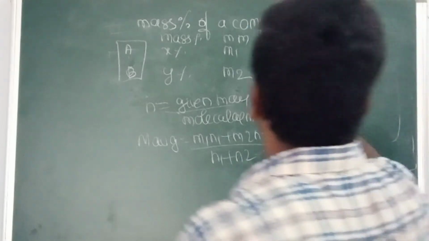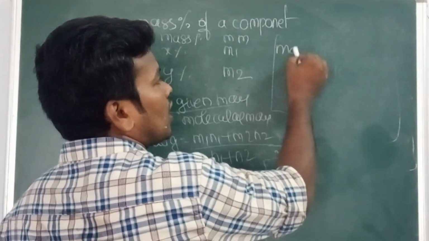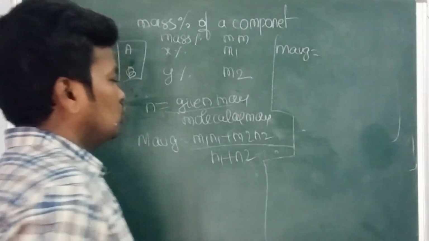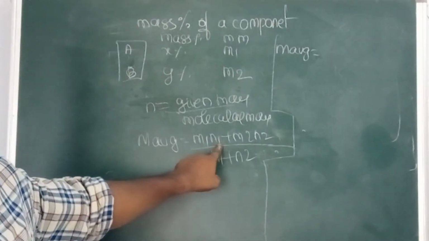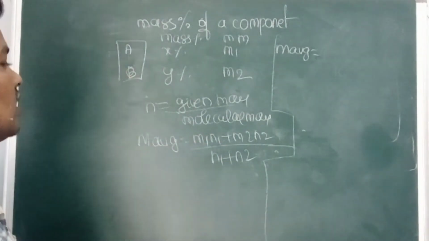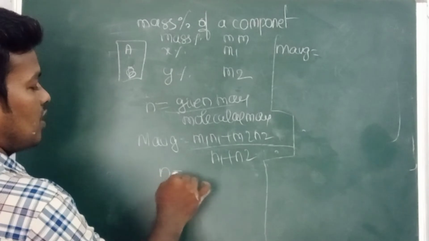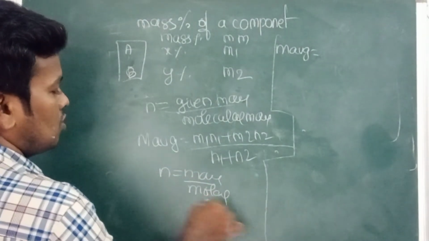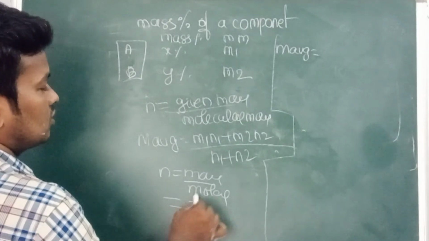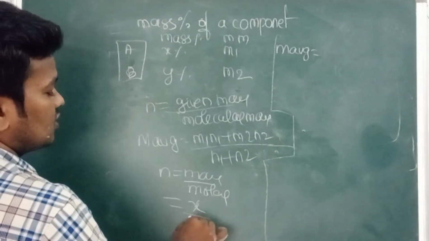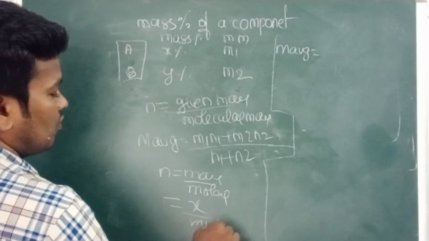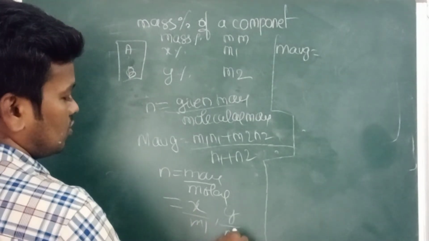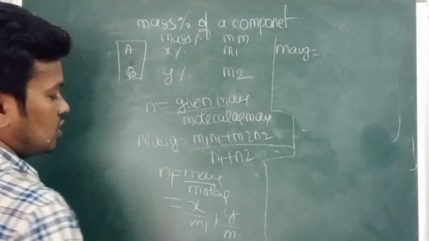So M average, I want the M average. Here N1 is already there. What is meant by N1? N1 is nothing but mass by molar mass. Mass is X, molar mass is M1 for this. For Y you take M2. This is N1, this is N2.